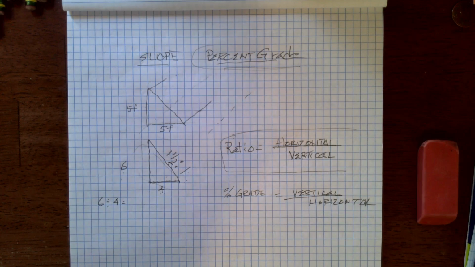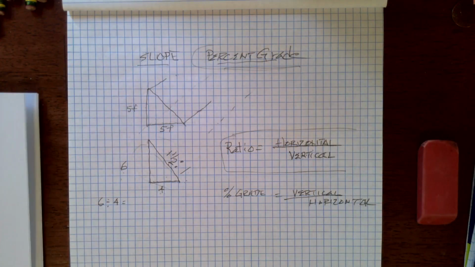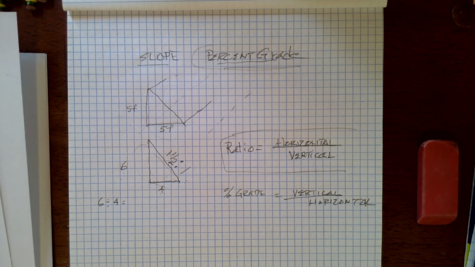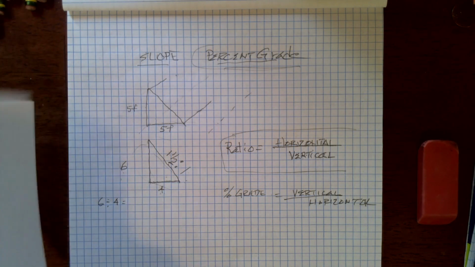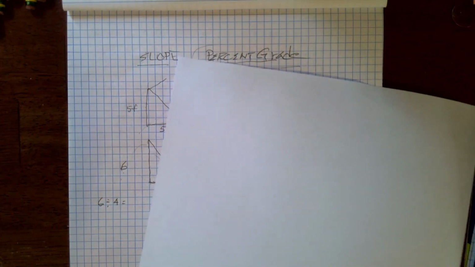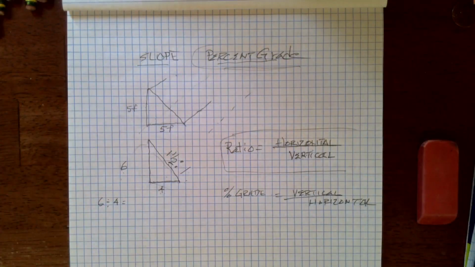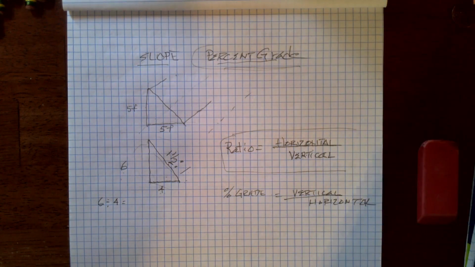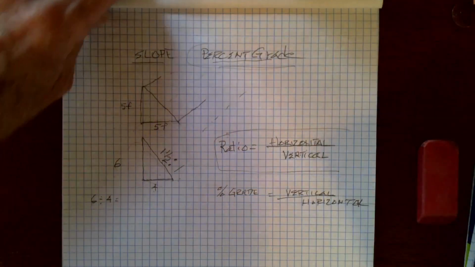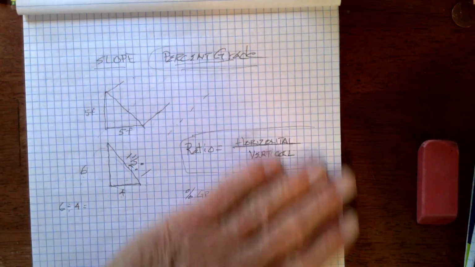Now, I'm going to show you something else. We're leading up to something. I think the title of this thing is calculating percent slope, percent grade and slope ratio. There's a lot of real smart people that can manipulate figures in their mind.